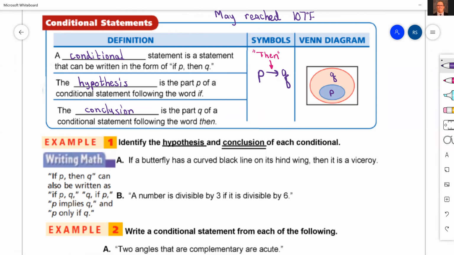Okay, next example on this topic at least. They want us to identify the hypothesis by underlining it one time and the conclusion by underlining it 2 times. So A, if a butterfly has a curved black line on its hind wing, then it is a viceroy.